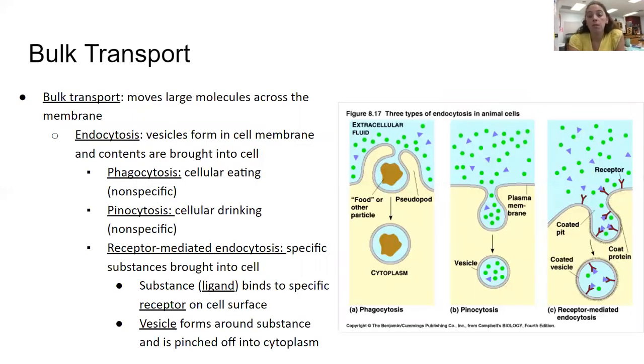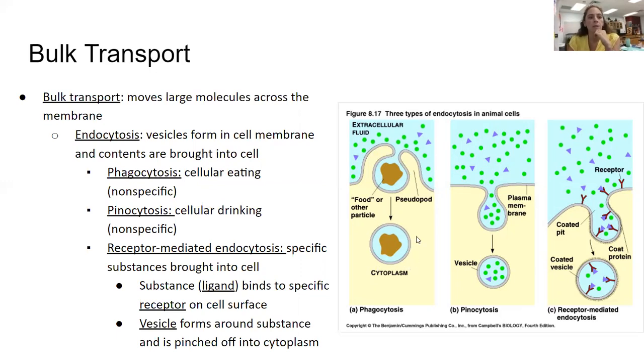The reverse of exocytosis is endocytosis, so bringing things into the cell. With endocytosis, we're going to talk about three types. First, we have phagocytosis, referred to as cell eating, in which the membrane reaches out, so the cytoskeleton can manipulate the membrane. The membrane reaches out.